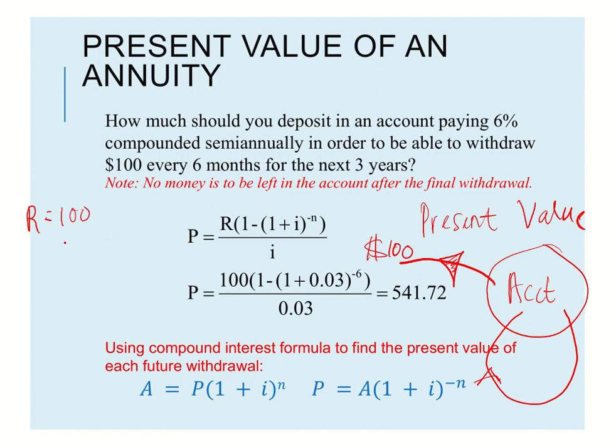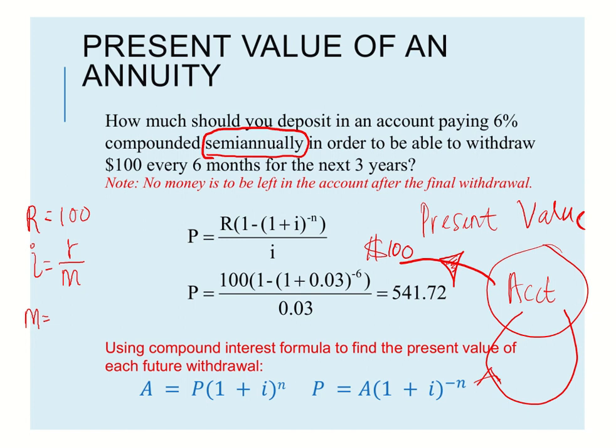The i is the interest rate per conversion period, so it will be r over m. What is m? The m is the conversion period, which is semi-annually. Semi-annually means every half a year.